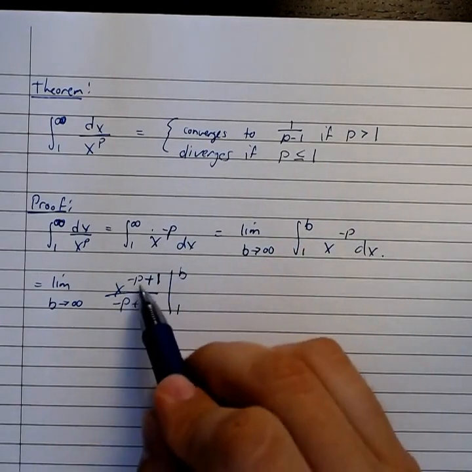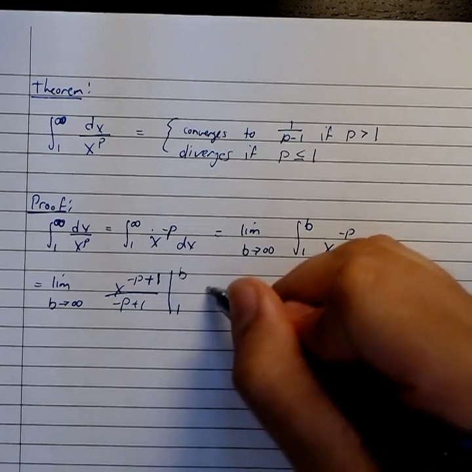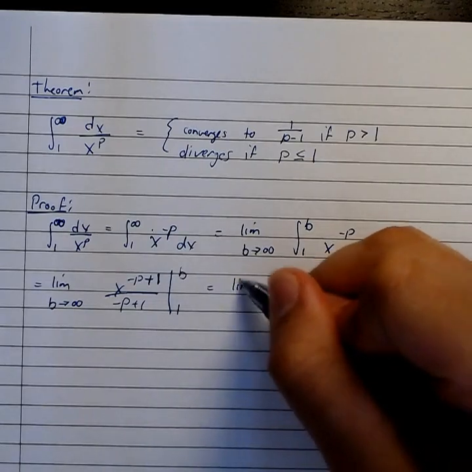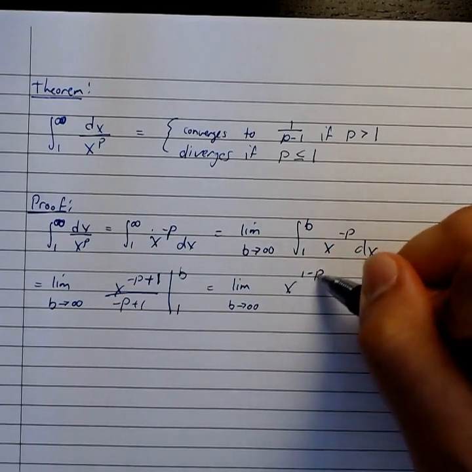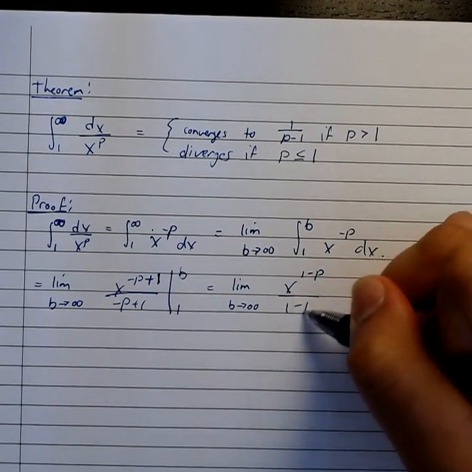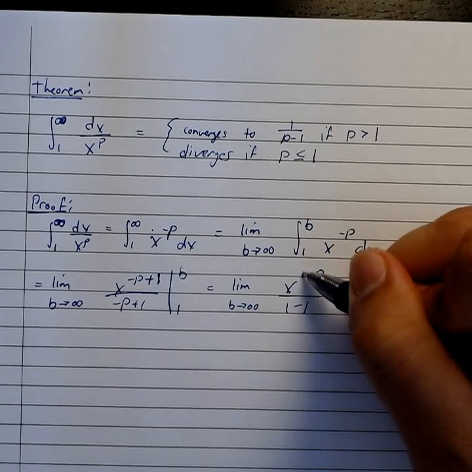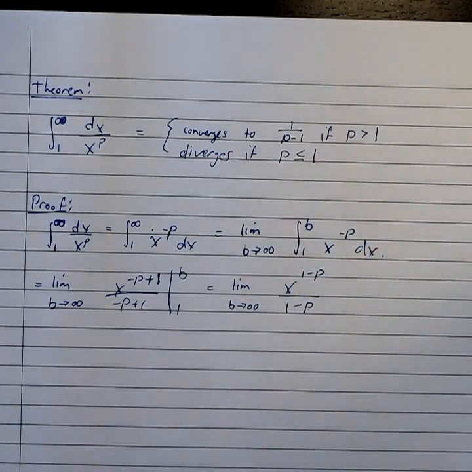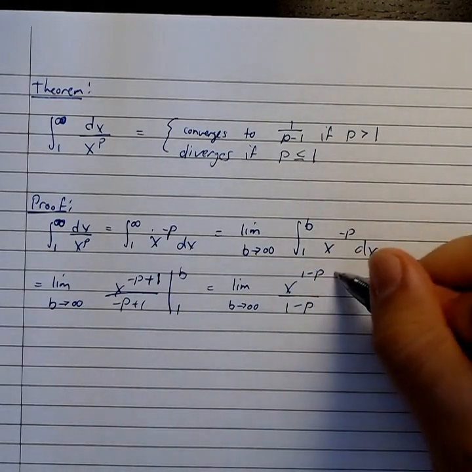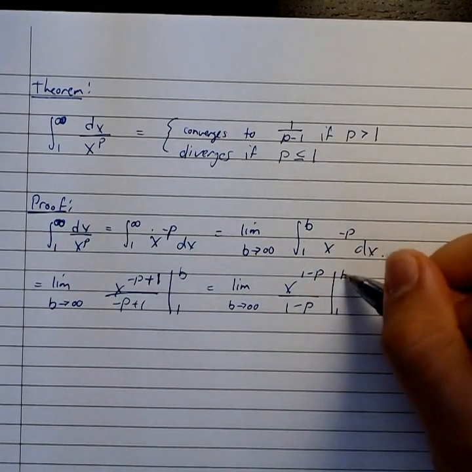Now here, I'm going to write negative p plus 1 the other way around. Let me write this as the limit as b approaches infinity of x to the 1 minus p over 1 minus p. All right. Okay, so now that's going to be evaluated from 1 up to b.